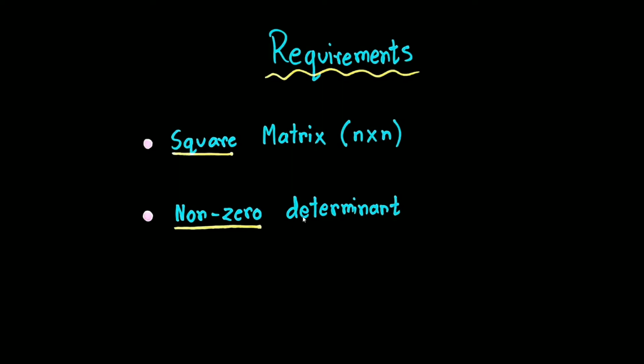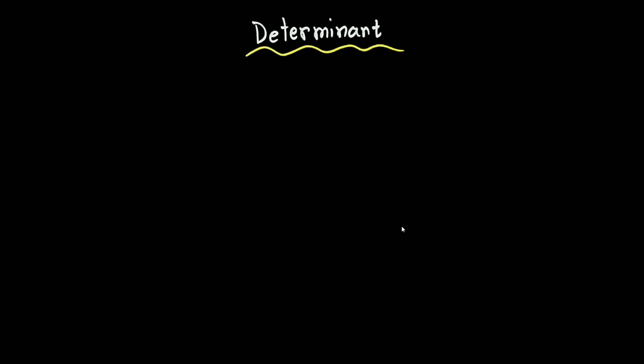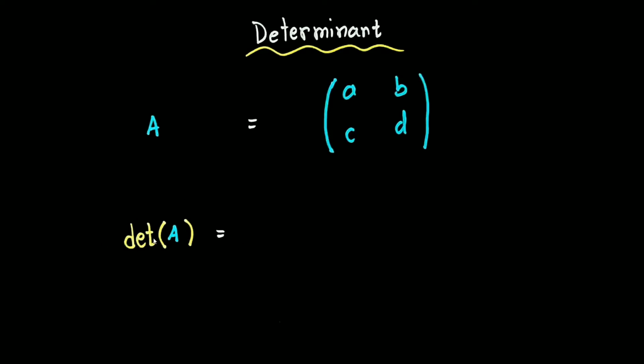What do we mean by a non-zero determinant? Heck, what do we mean by a determinant? The determinant of a matrix is a scalar value determined from the matrix itself. Let's say we have a matrix A, then we denote the determinant as det A. And for 2 by 2 matrices, we find out the determinant using this formula.